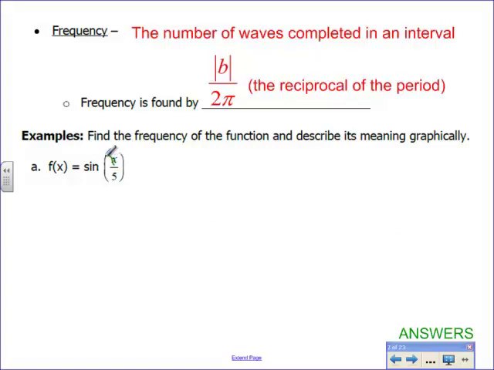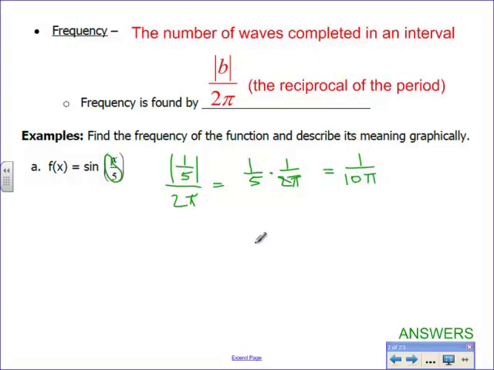Again, identify the B value, because that's what we need. Again, we have 1/5 here. So we now have 1/5 divided by 2 pi, which is going to get us 1/5 times 1 over 2 pi, which gets us 1 over 10 pi as a final answer.